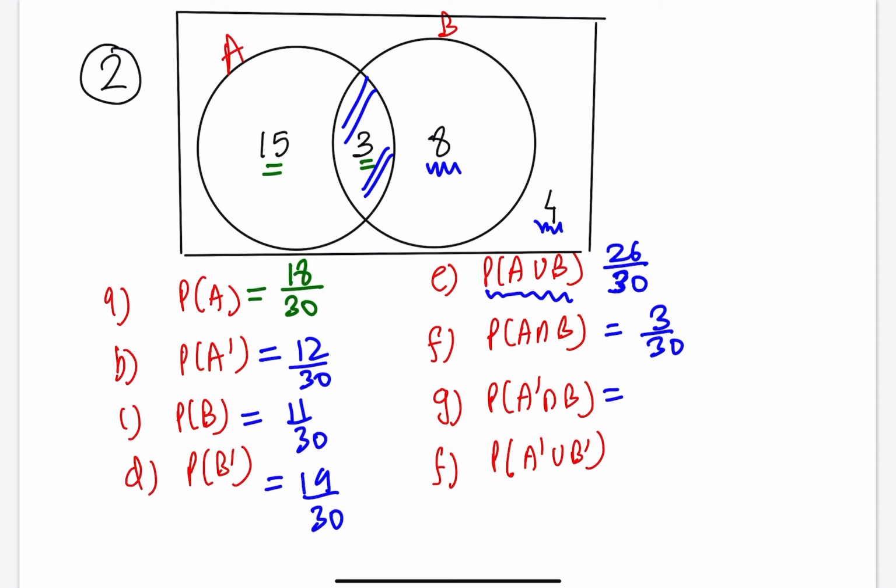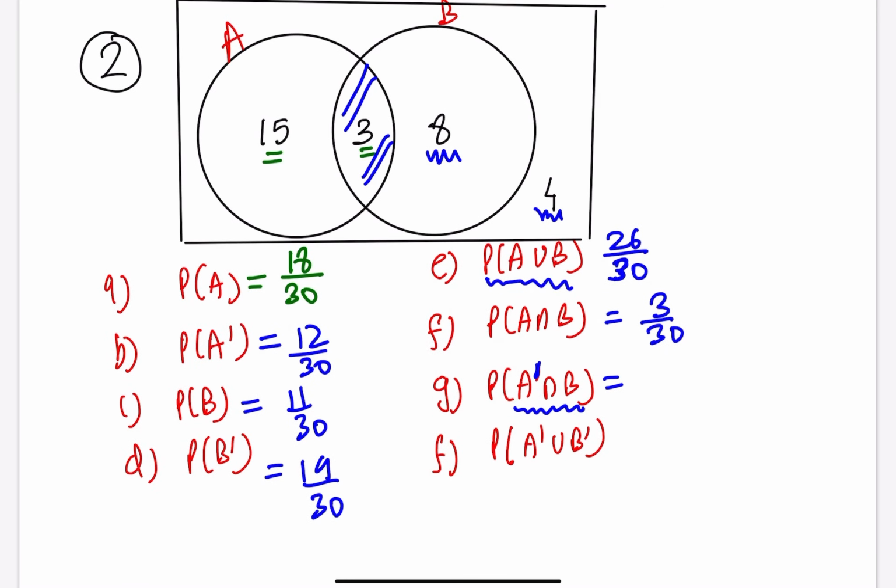What elements are common between B and not in A? This line on the top means complement or prime. A complement and B. So everything in B but not in A, that's going to be 8 out of 30.